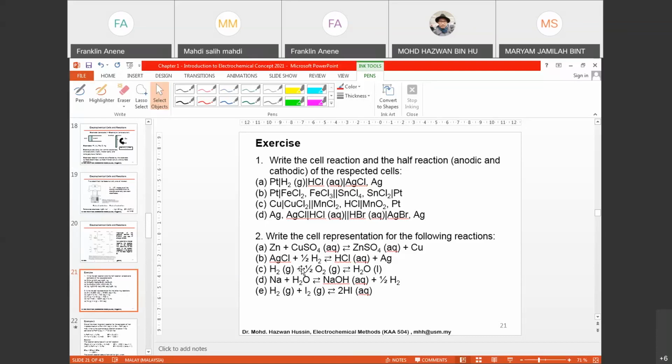If the question is asking for the cell reaction, then what you need to do is write the half reactions. For example, for A, you see platinum and hydrogen. If you still remember what I told you before, if you have platinum and a gas, then you know whether this process will be anode or cathode.